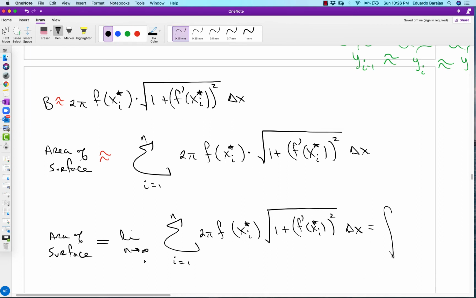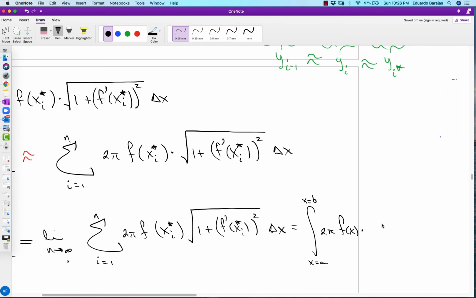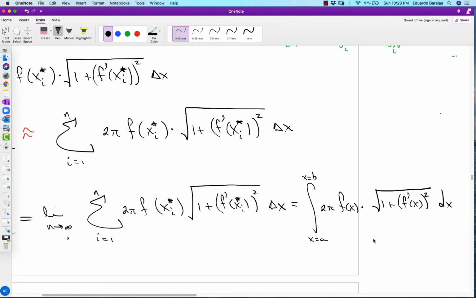So this would be equal to 2 pi f of x times the square root of 1 plus f prime of x squared, dx. Good. So this is the integral that would give us that surface area.